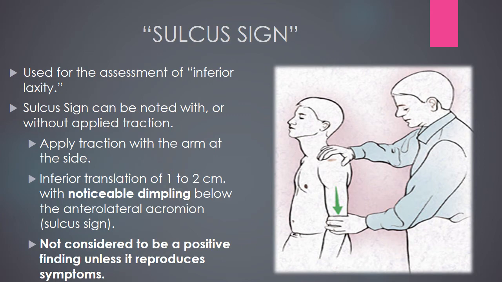With the sulcus sign test, the sulcus sign is used for the assessment of inferior laxity of the glenohumeral joint. Now, the sulcus sign can be noted with or without applied traction down the axis of the humerus bone. If the sulcus sign is noted without applied traction, then that indicates a more lax shoulder joint capsule.